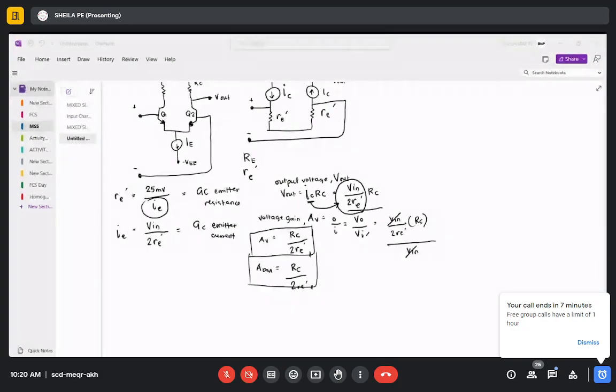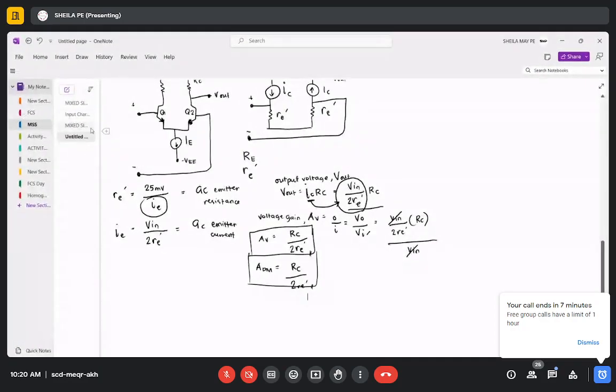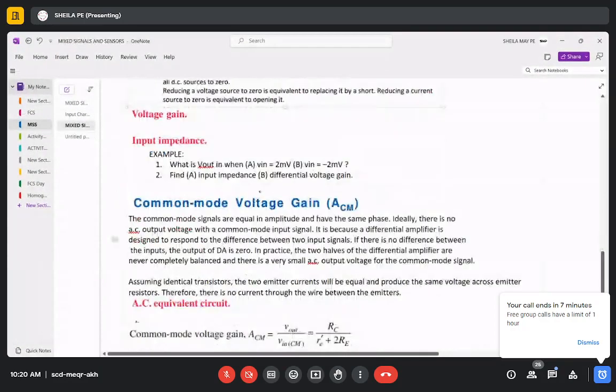Okay. Let's try some example. So we have here, what is V output when we have input of 2 millivolts and another input of negative 2 millivolts.